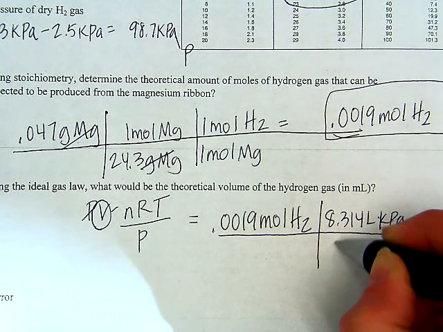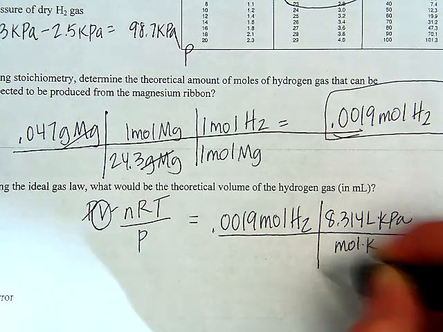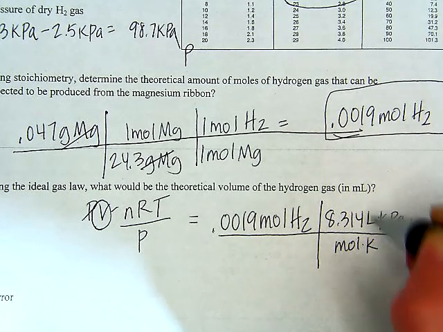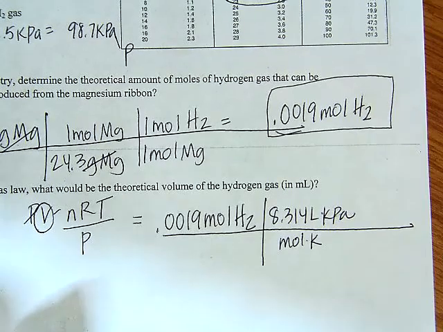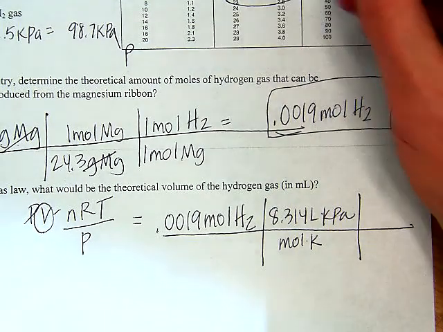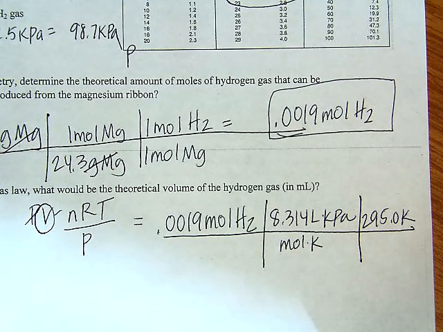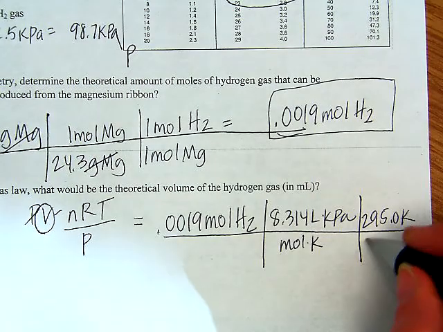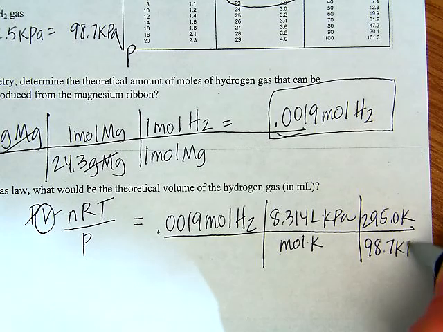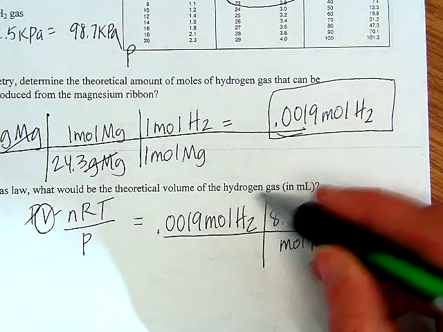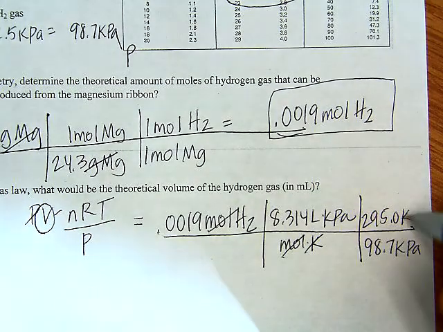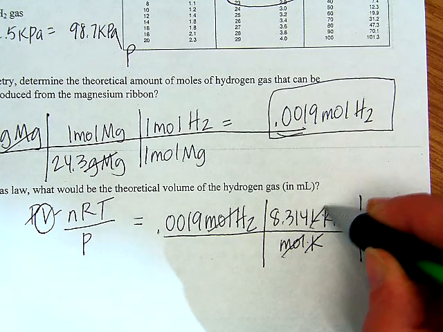It is a derived unit. It has many units, so this whole thing really is R. The temperature of my gas we determined to be 295, and the pressure of just the dry gas. If I get my units to cancel, I'm still in liters.